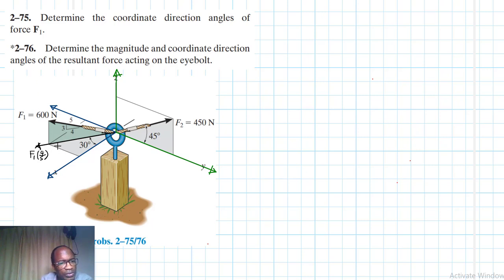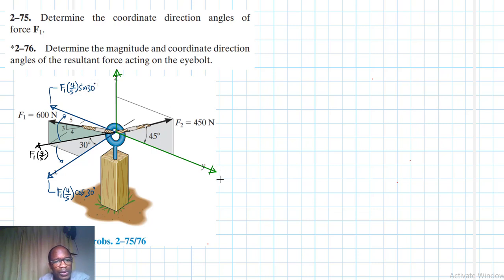So like I said, this is going to be mapped to the x-axis, and here we're going to have F1 4 divided by 5, and then cos 30. And then we'll have this one mapped there like that, and this one is just going to be equal to F1 4 divided by 5 sine 30.